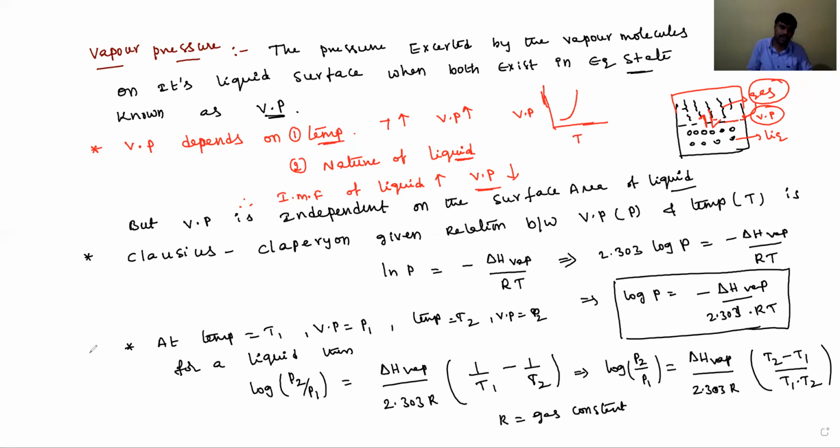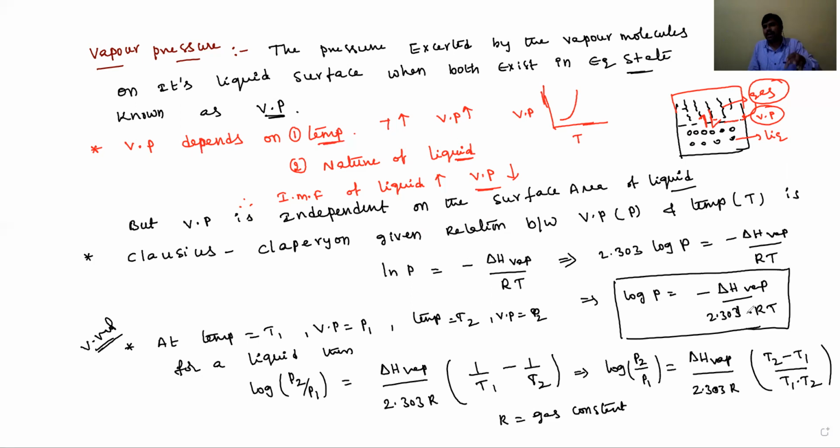So this formula is very, very important. Based on this formula, they ask some questions in NEET and JEE as well as in CET examinations. Students, this important relation between vapor pressure and temperature has been given by Clausius-Clapeyron. ln P is equal to minus delta H by RT, then log P is equal to minus delta H by 2.303 RT at a certain temperature and pressure.